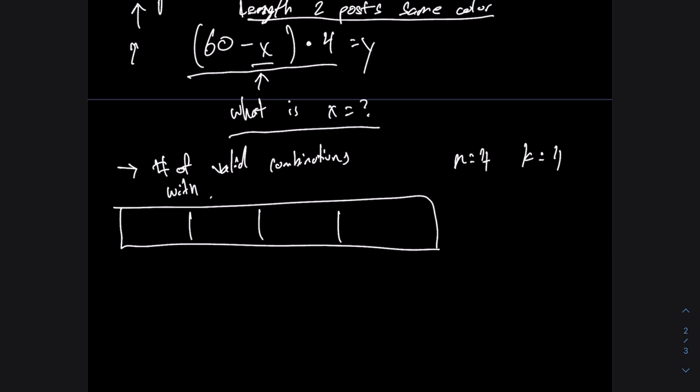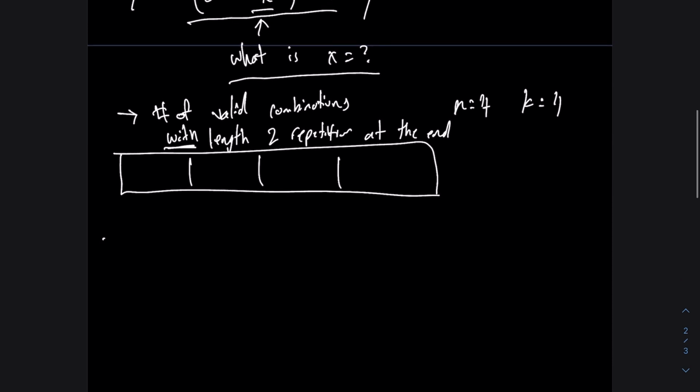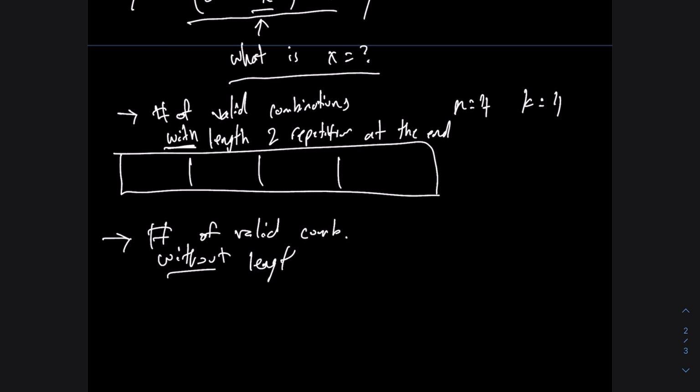And the second array is going to be the number of valid combinations without length 2 reps. There's quite a bit of intuition for why we would set up 2 arrays like this.